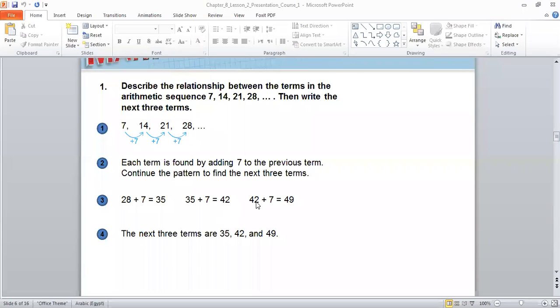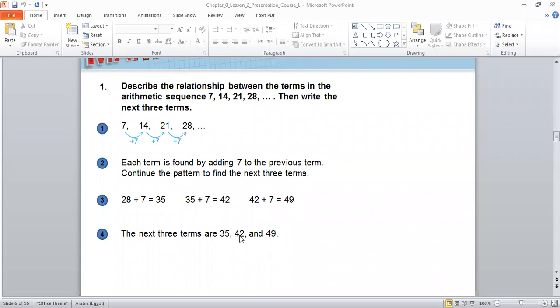After that, we have 42, I add 7. 42 plus 7 gives me 49. So what are the next 3 numbers here? The next 3 numbers are 35, 42, and 49.